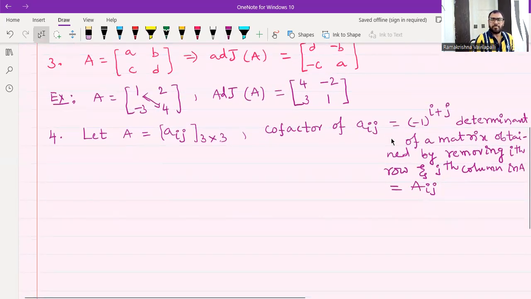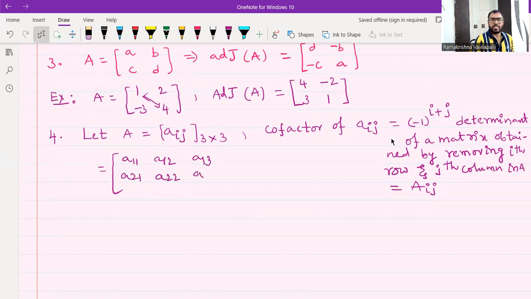The full form of this matrix is A11, A12, A13, A21, A22, A23, A31, A32, A33. This is the 3 by 3 matrix. How do we find the cofactor of A12?